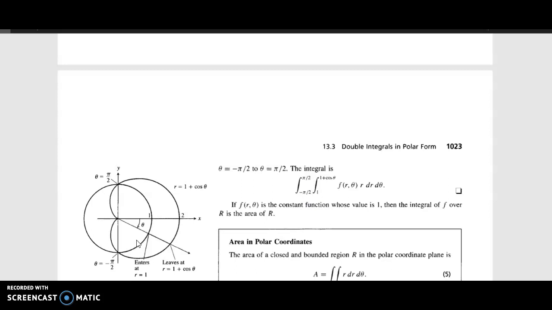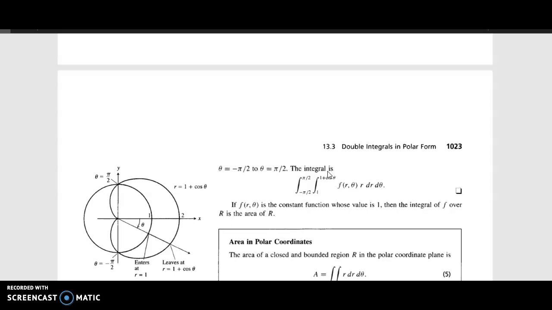In order to find the values of r, draw a line starting from the origin through the region. This enters the region at this point, and this end is determined by r equals 1, and leaves the region at this point, and this point is determined by the curve r equals 1 plus cos theta. So r varies from 1 to 1 plus cos theta.